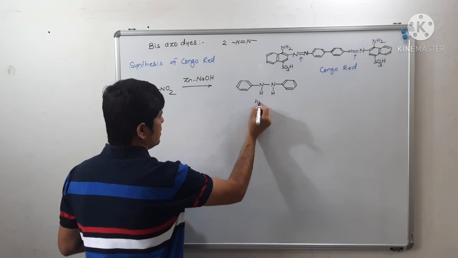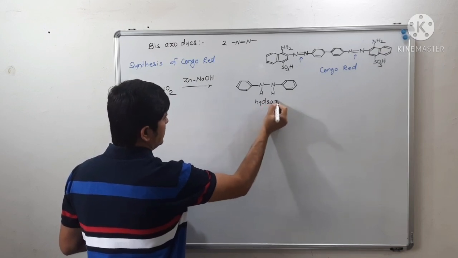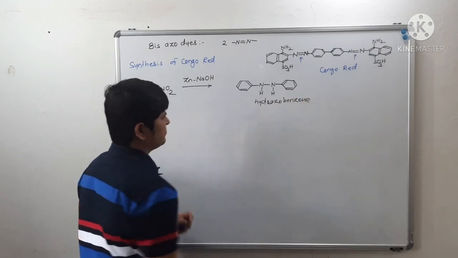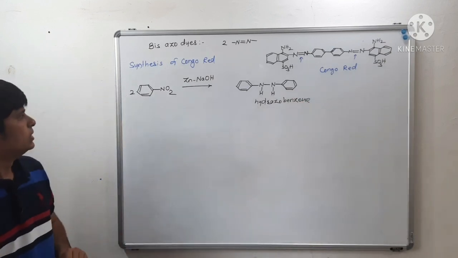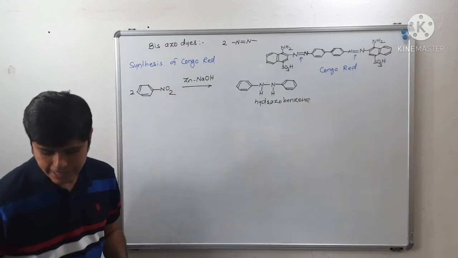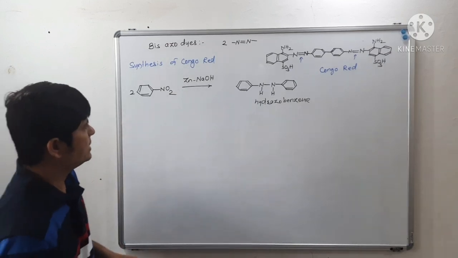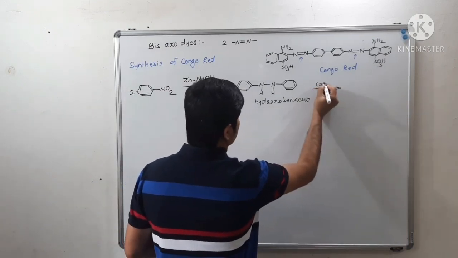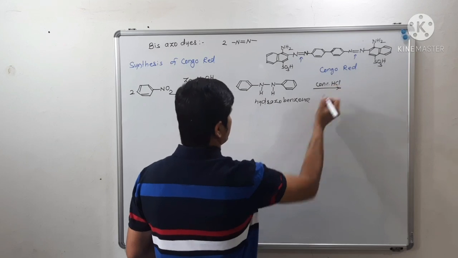This is hydrazobenzene. So nitrobenzene on reduction gives hydrazobenzene. Now in the next step, this hydrazobenzene is reacted with concentrated hydrochloric acid.